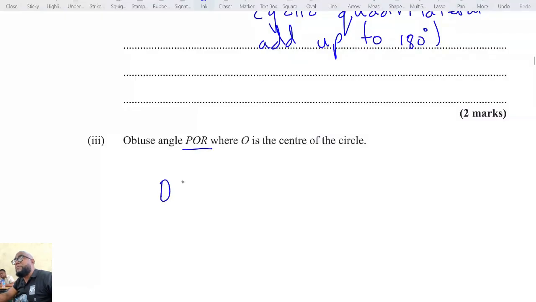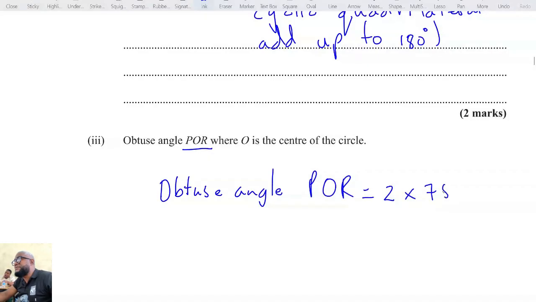So obtuse angle POR is equal to 2 multiplied by 75, which is 150 degrees.